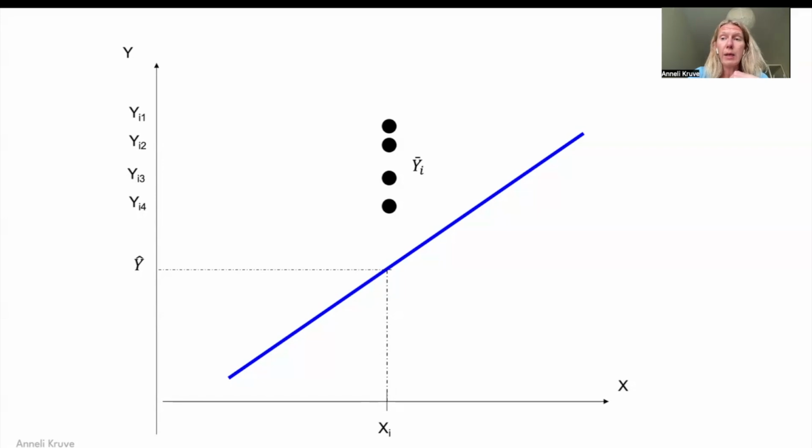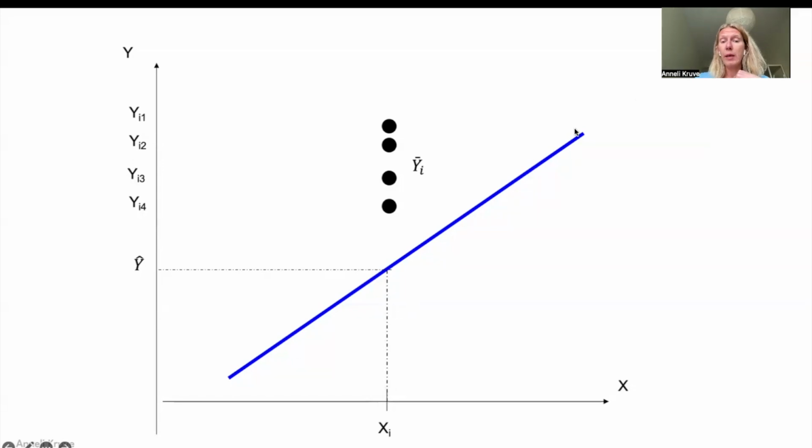Here we have a mini example, a zoom in on one specific concentration level I, where we have performed measurements. The measurements are marked here with the black dots. There are 4 measurements visible here, and they all have their own specific signal values on the y-axis.